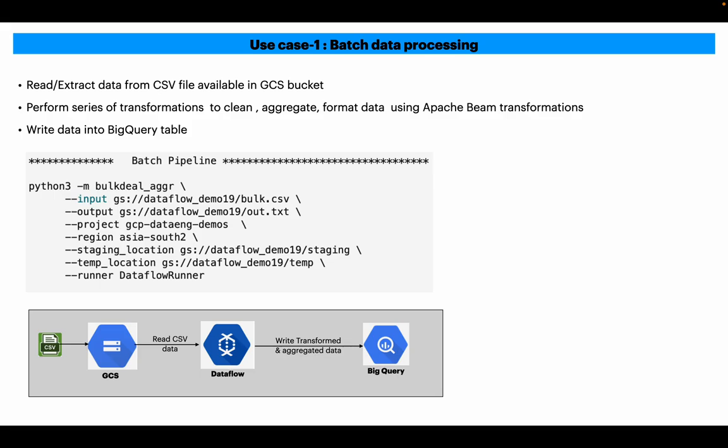First, I will explain the transformations we are going to perform as part of this pipeline with some sample data. Then I'll come back to this slide and explain the particular command, how we are going to run this pipeline.